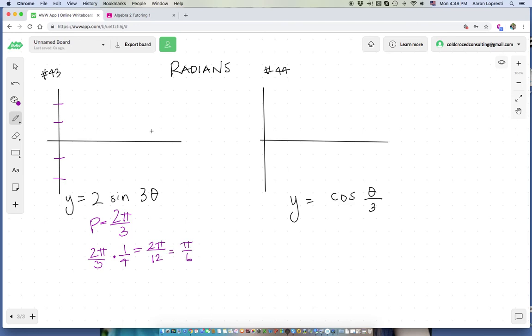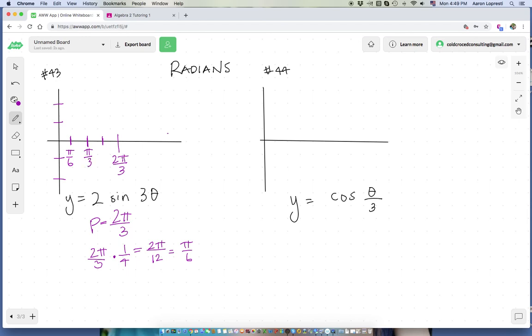Okay. On yours it shows you where the landmarks could be. So we know one period's going to go through 2 pi over 3. I always go middle, chop that in the middle, chop that in half there. So this is pi over 6. Then I add a pi over 6, which is 2 pi over 6, which is pi over 3.